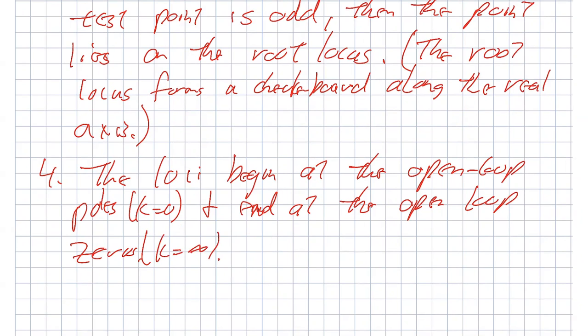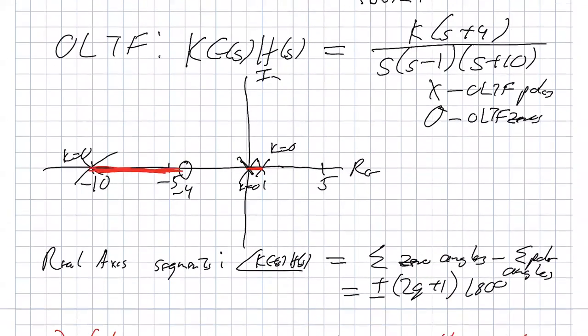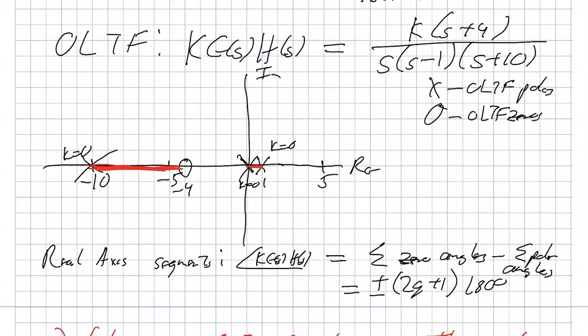Now, here's our problem. I've got 1 zero here, but I have 3 poles. So where do those other poles go? In fact, I can probably guess that this pole here is going to go to this zero, but where do these 2 poles go?